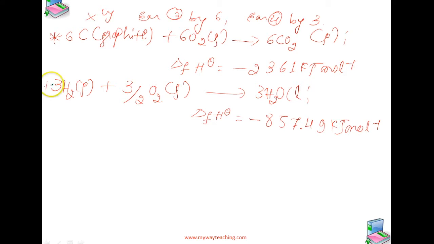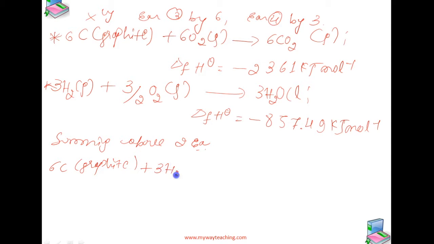Summing the above two equations, 6C graphite plus 3H2 plus 15 by 2 oxygen gives 6CO2 plus 3H2O.